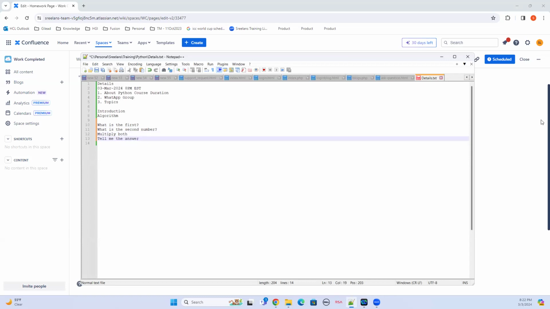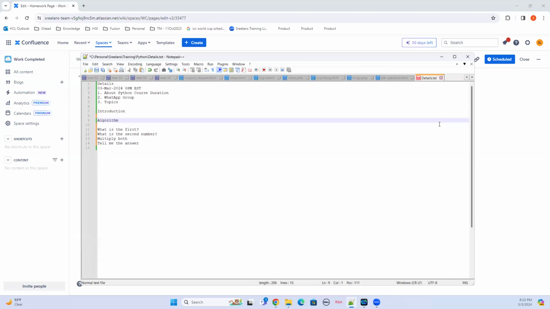And these steps need to be one by one steps. In computer or system terminology, we are going to write something like an algorithm. What all you need to do, one by one steps, we are going to write it.